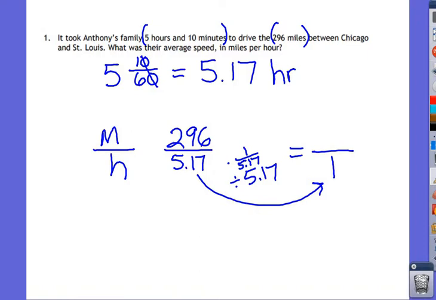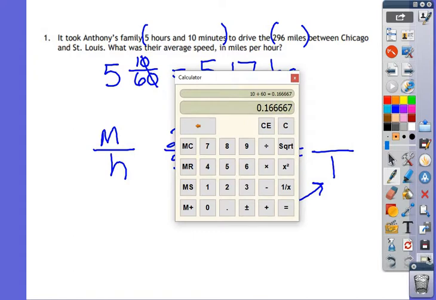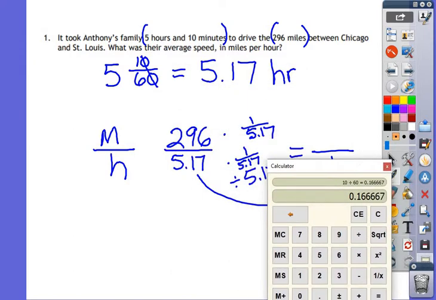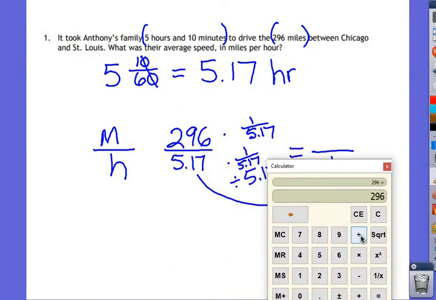So I need to divide 296 by 5.17 as well. So I'm going to get my handy calculator here. 296 divided by 5.17. And I get that long decimal. I want just 2 decimal places.